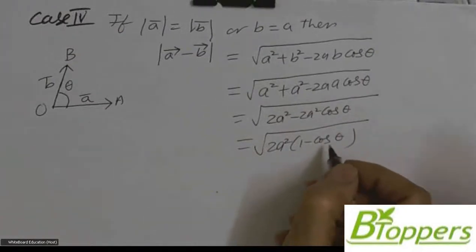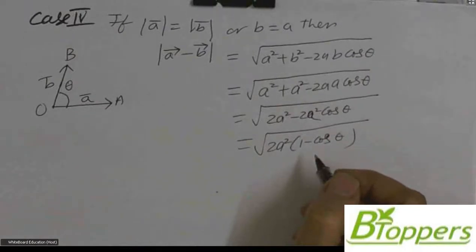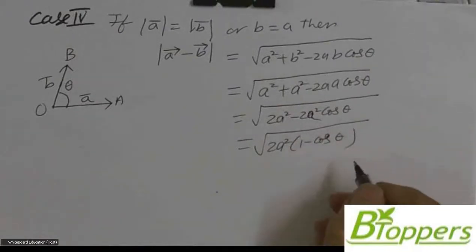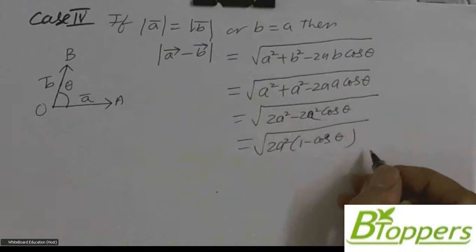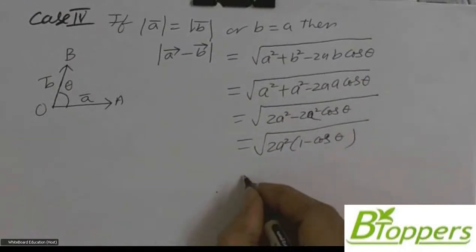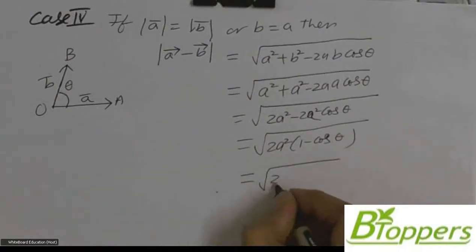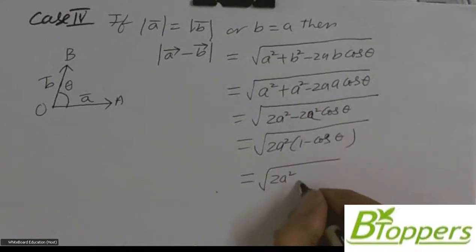Now from trigonometry, you can write 1 minus cos theta is equal to 2 sin square theta by 2.